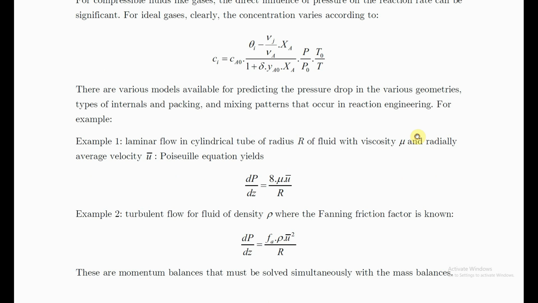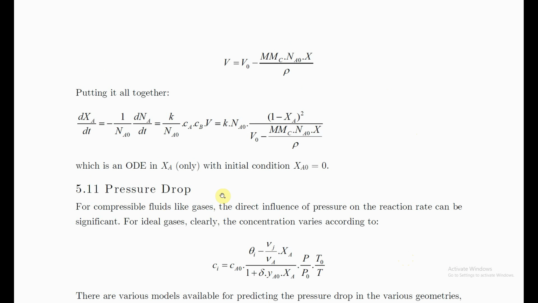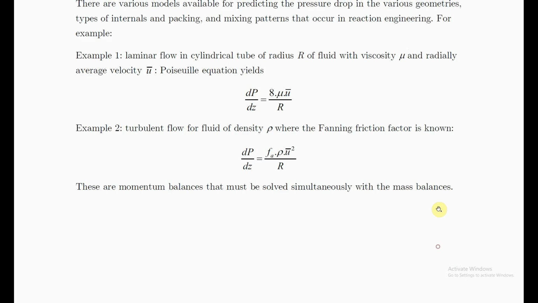So this is basically saying if you have pressure drop across the reactor, you can simply account for it, and that will then influence your concentration in the reactor, and then that will influence your reaction rate. Right, so you can design even in the face of pressure drop.